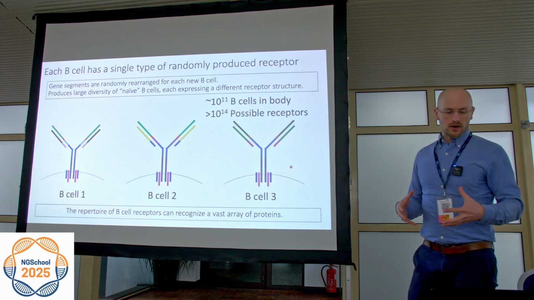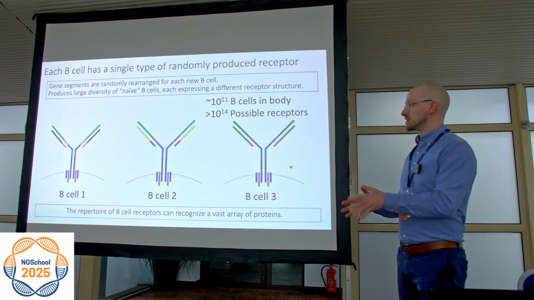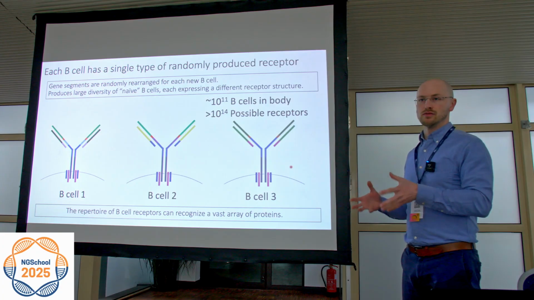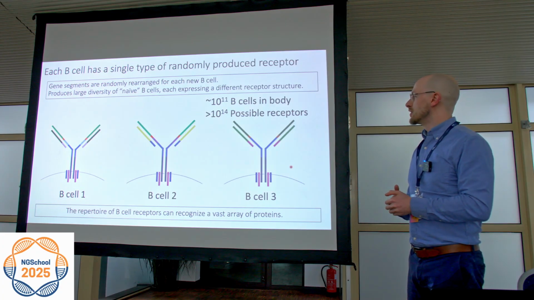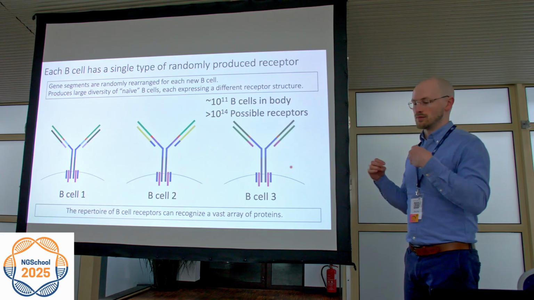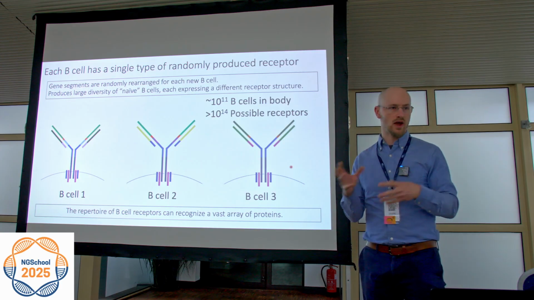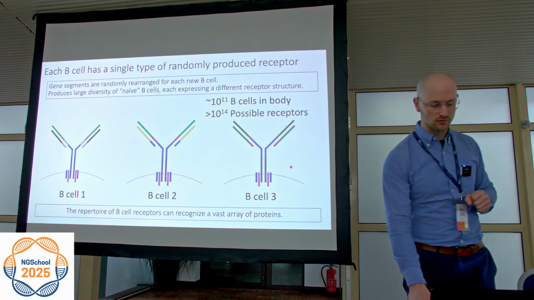So each naive B cell that is produced, produces a single type of a randomly produced receptor. So the way that B-cell receptor repertoire diversity works is that gene segments are randomly rearranged within new naive B cells.